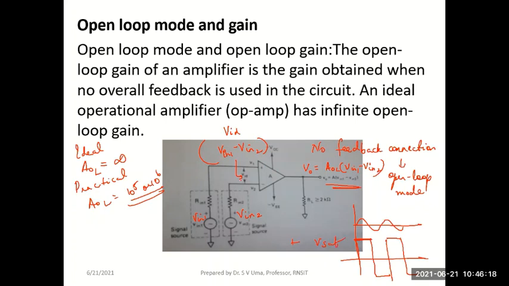So plus VSAT is when Vin1, the voltage given at the non-inverting terminal, is greater than the voltage given at the inverting terminal Vin2. Correct? And when do I have negative saturation or minus VSAT?